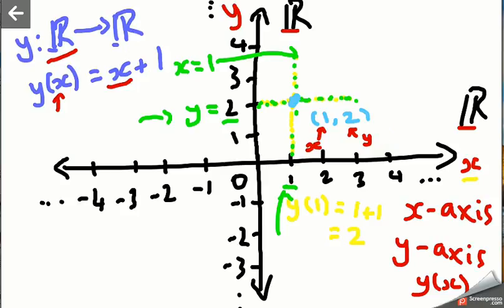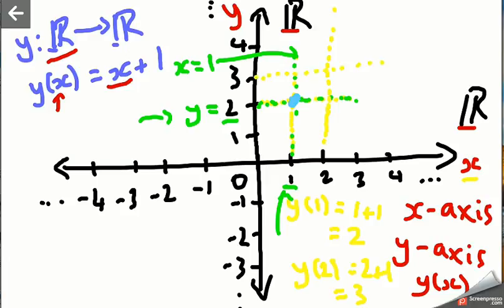I'll clear up some space. You can do the same thing with actually all of the points. For example, y of 2. Let me write it down here. Y of 2 is equal to 2 plus 1, which is equal to 3. So if we put 2 into the function, the thing that comes out should be 3.